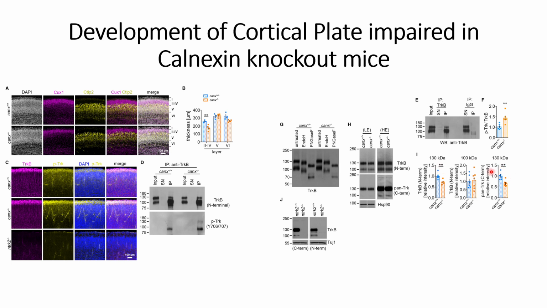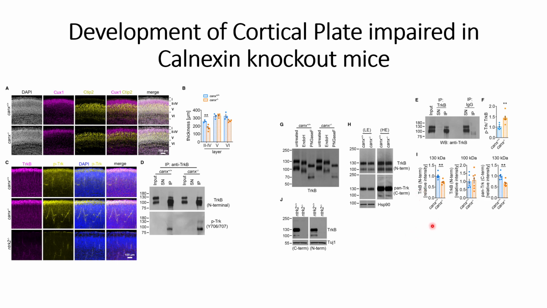So this indicates that calnexin plays a role towards transport of TRKB, as the absence of calnexin will cause reduction of TRKB, both N terminal and C terminals, in the expression on the cell surface. Both N terminal and C terminals of TRKB are low. It indicates that TRKB could be expressed low on the cell surface.